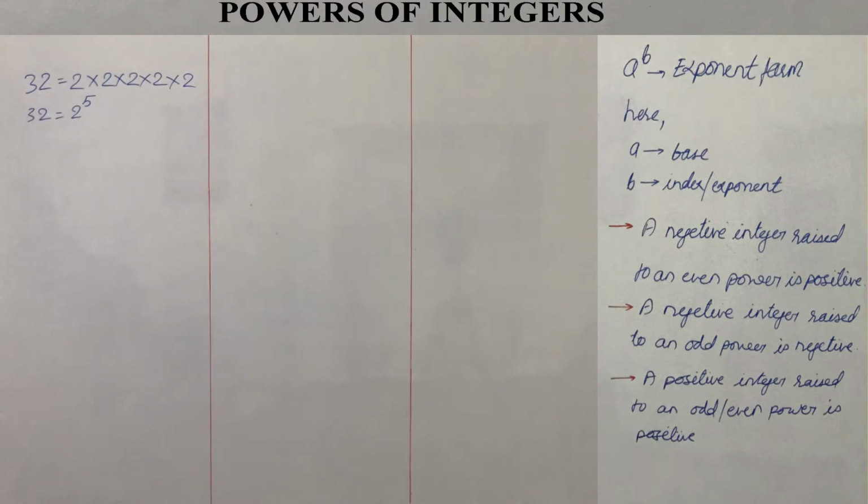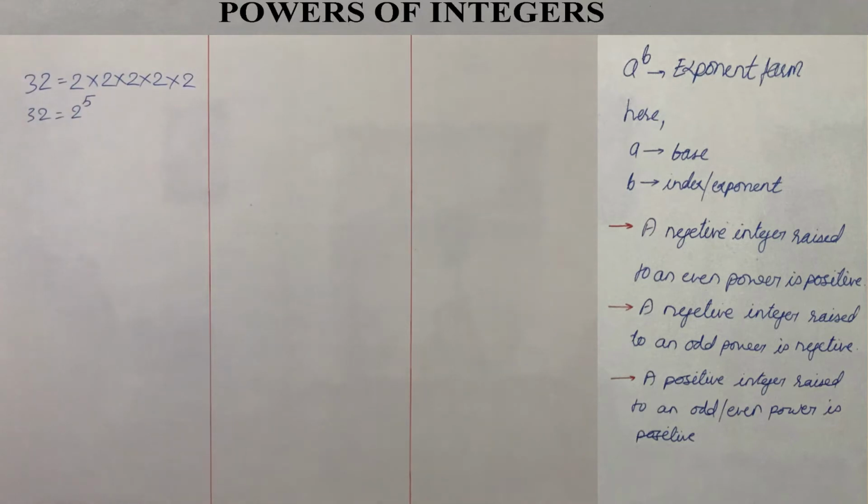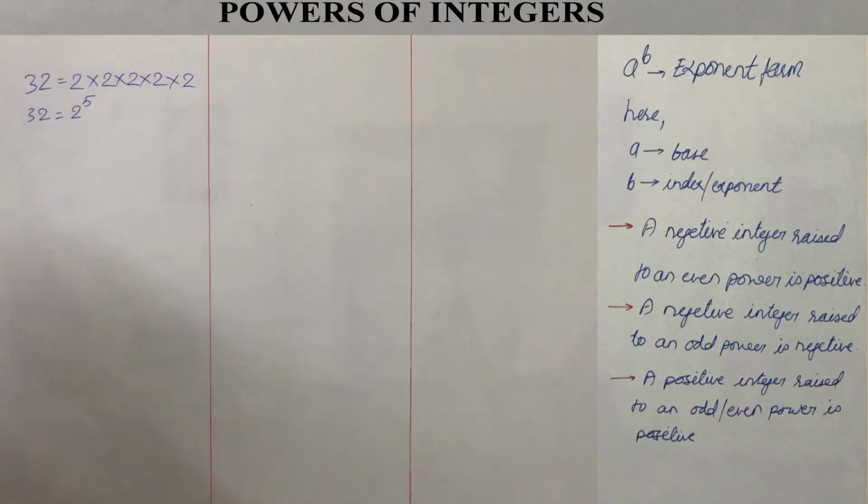Now 32 expressed in this form is known as exponential form. So this form is the exponential form of 32. In general, for a to the power of b, a is the base and b is the index.